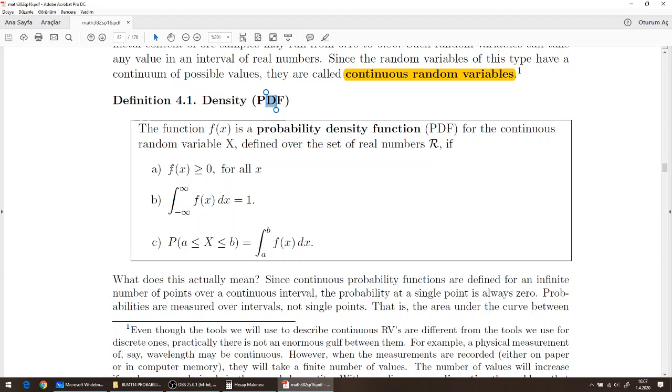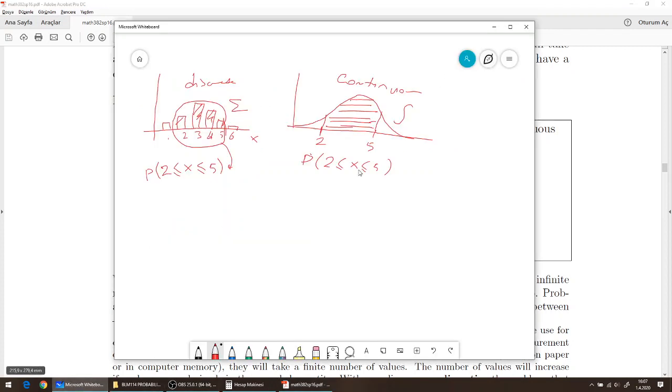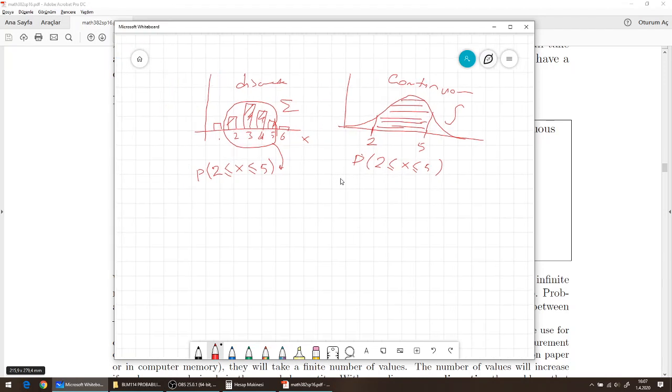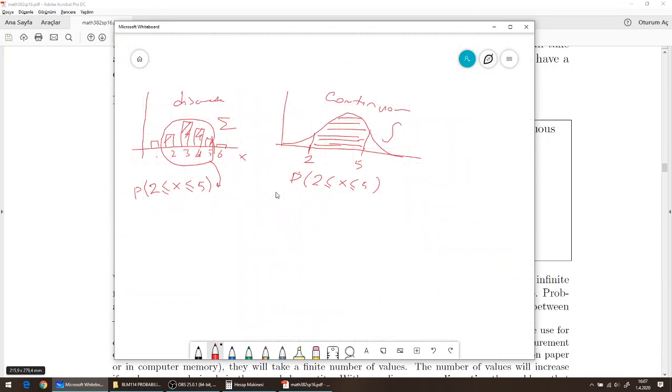A probability density function must be greater than or equal to 0 for all x. This is the first rule. Second rule: from minus infinity to plus infinity, I mean covering the whole x axis.